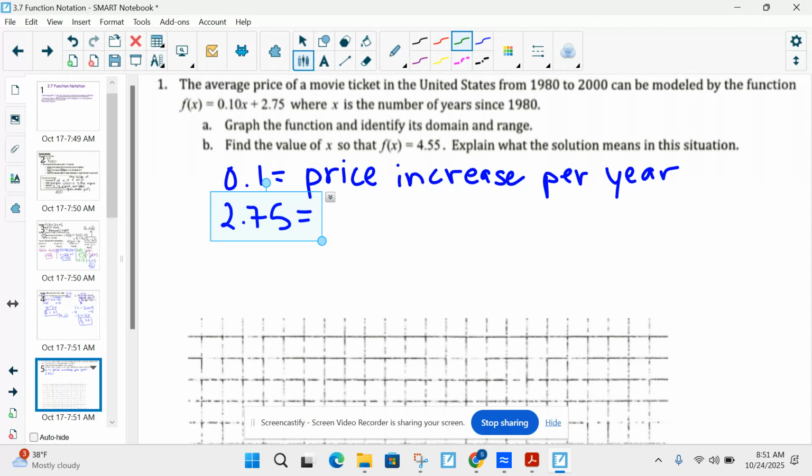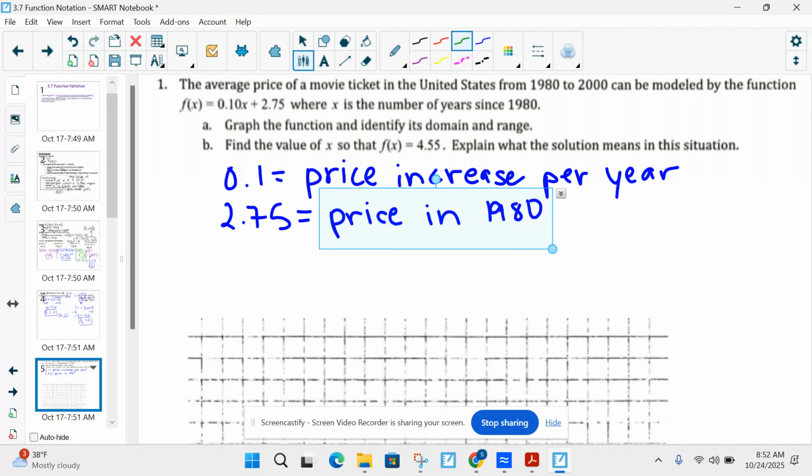Oliver? When? Jude? In the first year, which is 1980. So the price in 1980. And so every year it's increasing by 10 cents on average. Okay, so now we understand the equation.